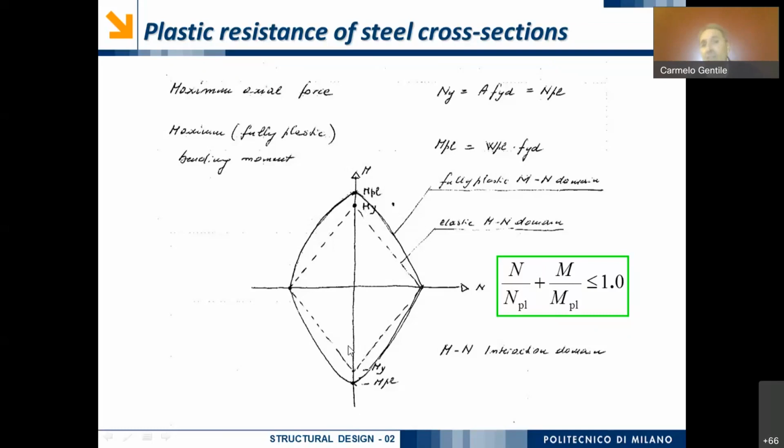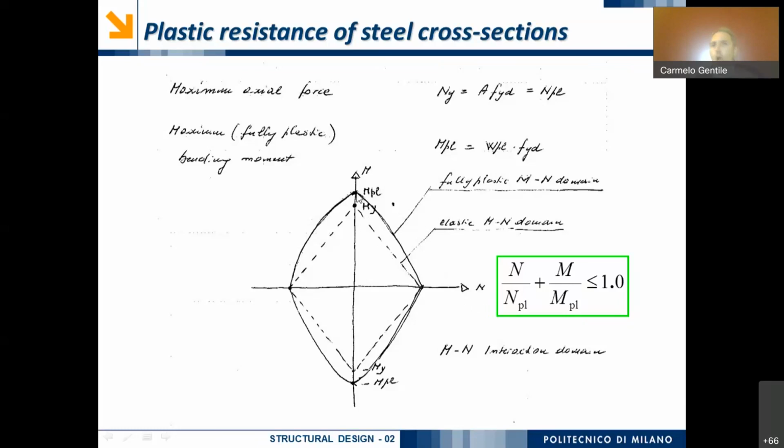So in this case, the interaction domain will change shape and it becomes non-linear like this, okay? But you can see very easily that this kind of non-linearity is not so different in shape with respect to a straight line.